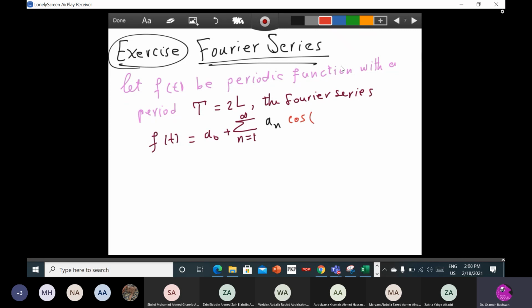If I use T, I have to write 2n pi t over T here. If you would like to replace T by 2L, it is up to you. If you write 2L, this 2 will be cancelled out. That's good. I prefer to write this one like that and write the variable here.